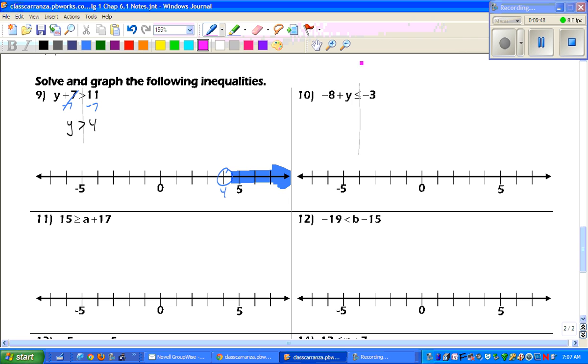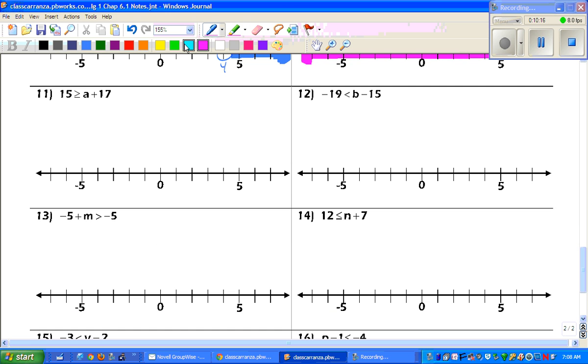Draw the line down the middle. We have to add 8 to both sides, and we get y is greater than or equal to 5. So at 5, we have a closed circle, and we're shading everything to the left, because it is less than or equal to.